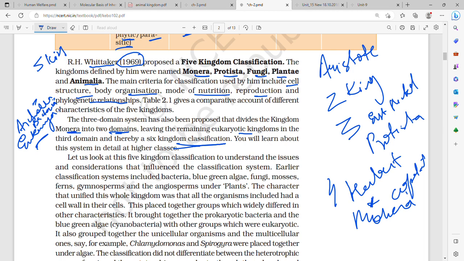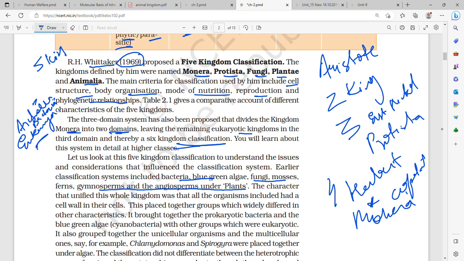Let us look at this five kingdom classification to understand the issues and considerations that influence the classification system. In the earlier classification system, bacteria, blue-green algae, fungi, mosses, ferns, gymnosperms, and angiosperms were all under plants.